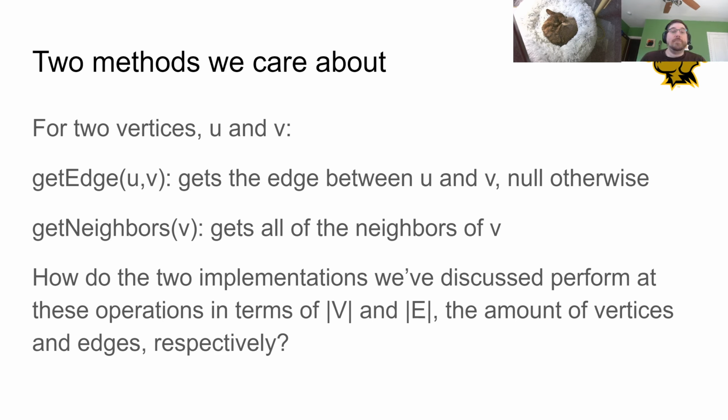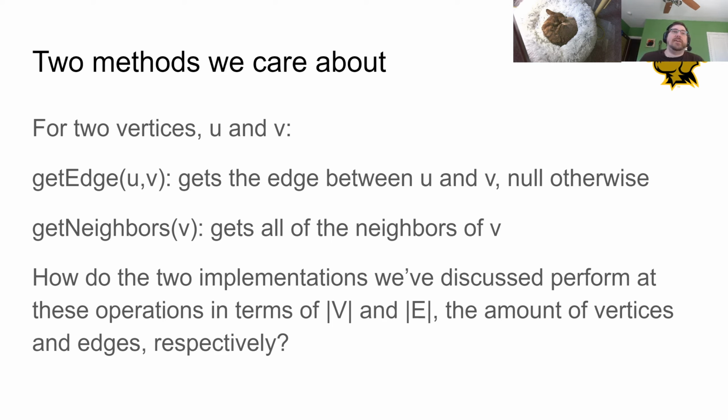So we've talked about an abstract data type where we have vertices and edges. We're also going to talk about two methods. One method, get edge, where I give it two vertices, u and v, and it gets the edge or edges between them if it exists, null otherwise.